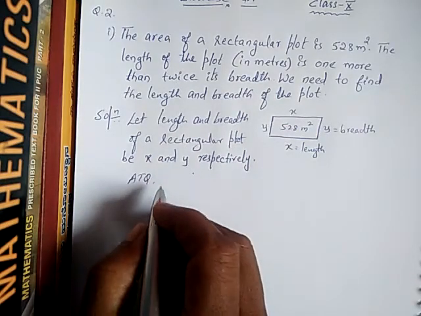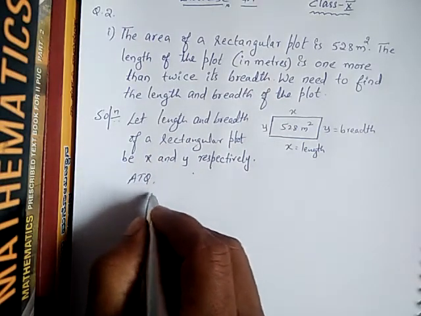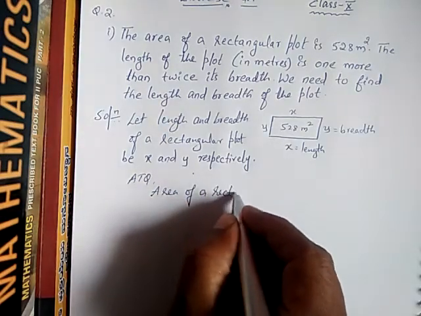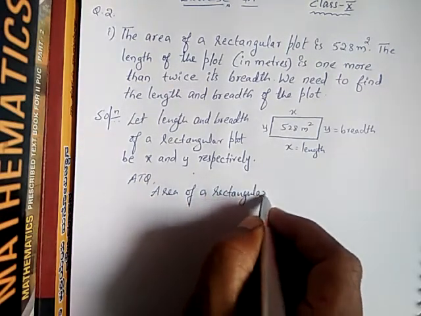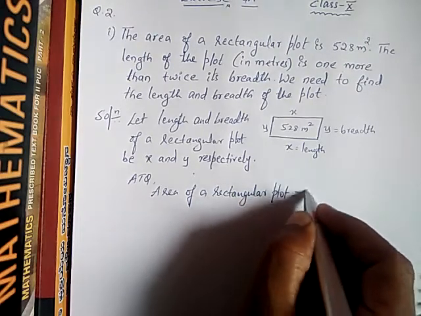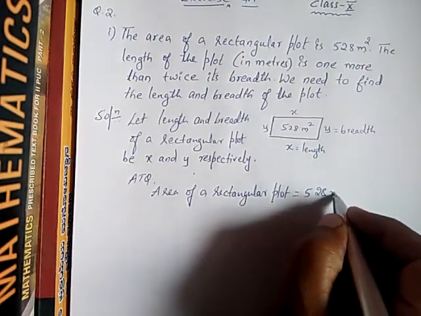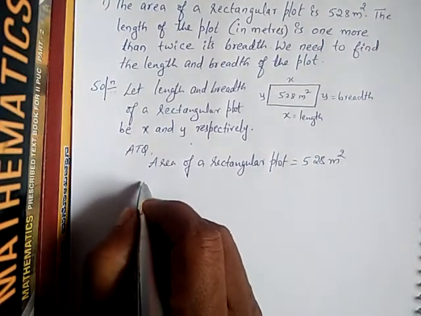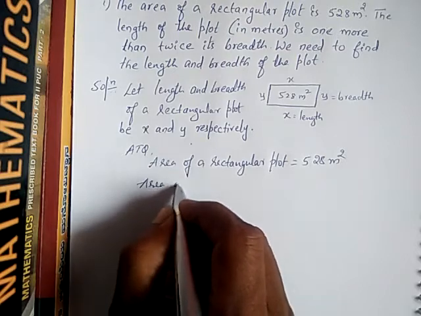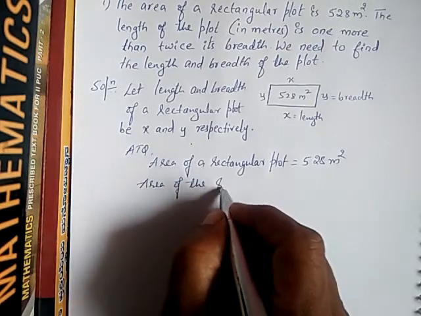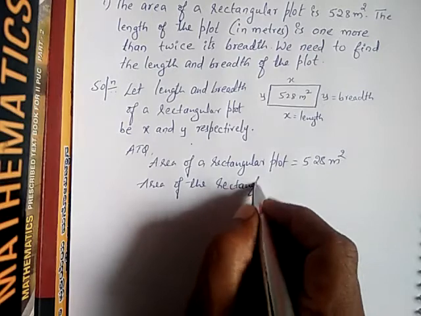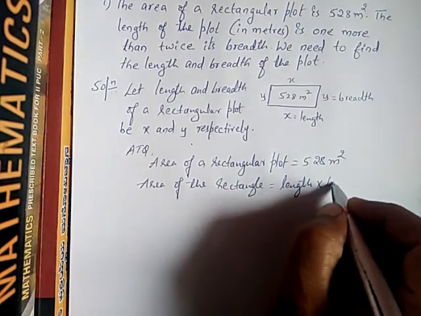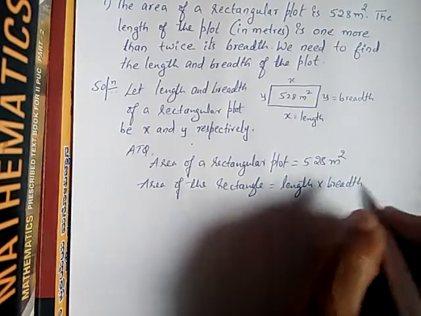So we will have the formula according to the question. Area of a rectangular plot is equal to 528 meter square, correct? Therefore, area of the rectangle is equal to length into breadth, right? This is our formula.